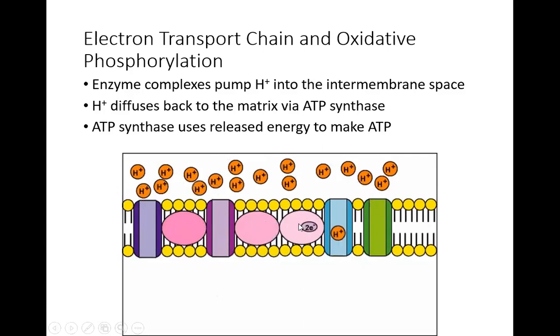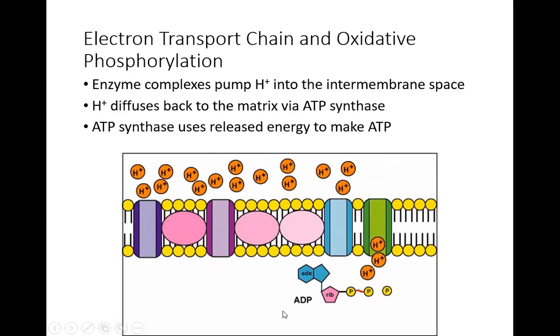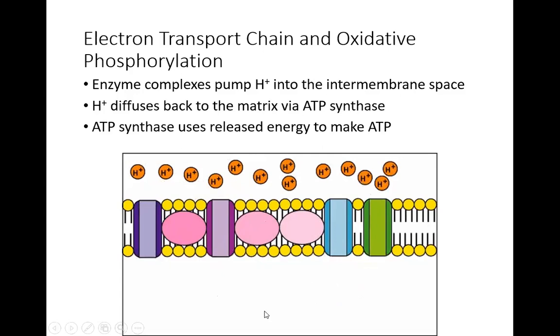Once these electrons have given up their energy, they are released back into the matrix of the mitochondria. Those electrons are grabbed by oxygens. The hydrogens that have come through here combine with those electrons to form water. We're busy making ATP here, but we're also making water, lots of water.